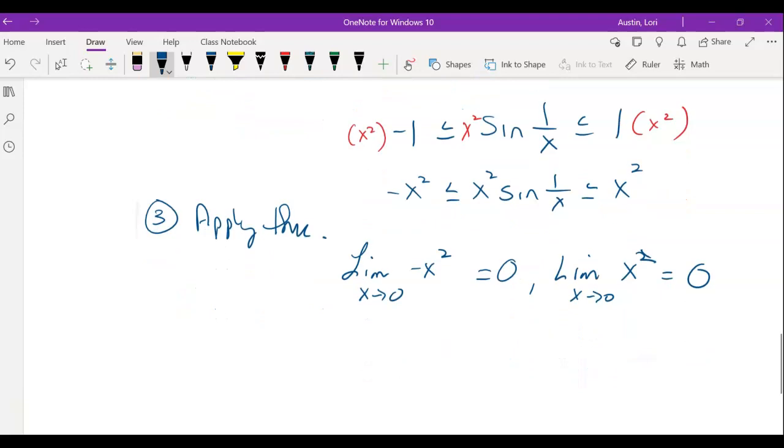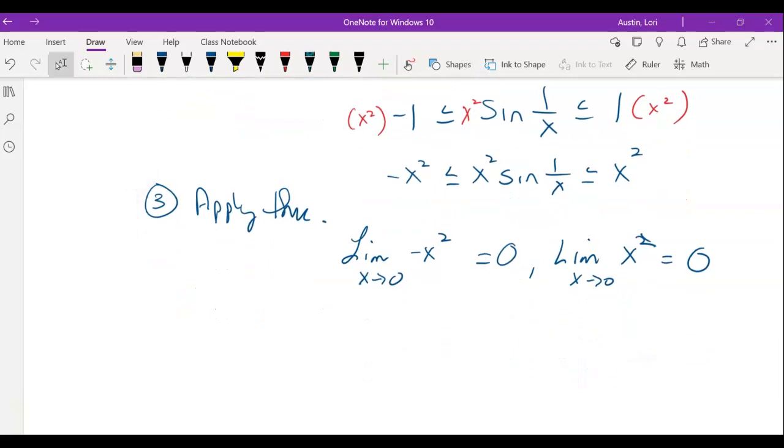Now, applying squeeze says, since the lower bounded limit equals the upper bounded limit, then whatever's in the middle, according to the squeeze theorem, I don't know why I wrote squared there, didn't mean to. According to the squeeze theorem, that also equals 0. Done. Okay?